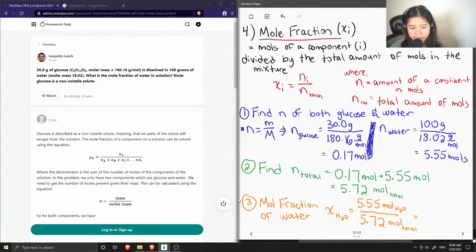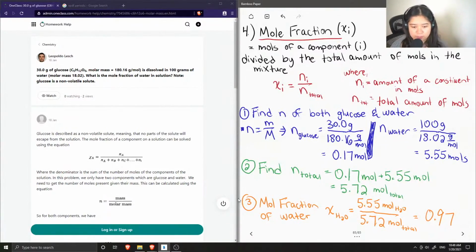So 5.55 divided by 5.72 is 0.97. So this means the mole fraction of water is 0.97. And if we were to convert this to a percentage, then that means that 97% of this solution is water.